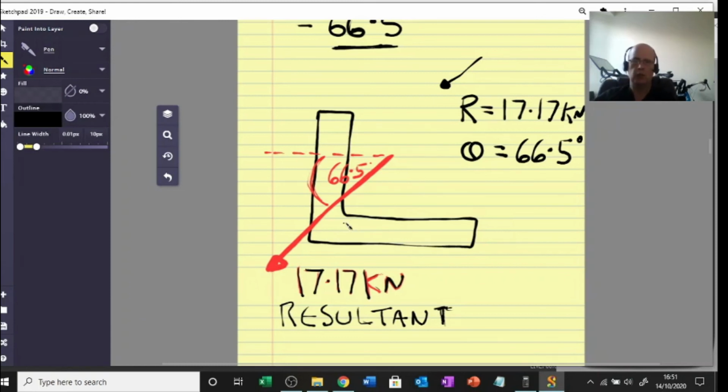We can do more on this, like a pivot point to say whether it's twisting or turning, but that is in a future video. There are videos on the channel on things like that. But that is working out resultant forces, the direction and the angle of that force.